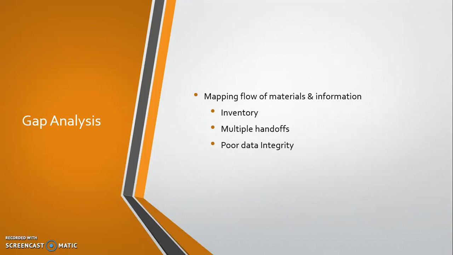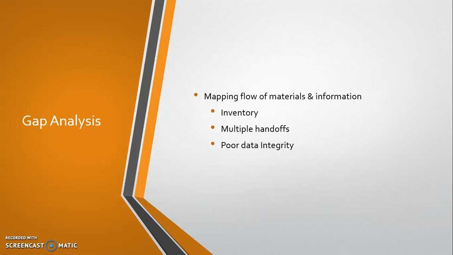Gap analysis. The administrators identified improvement opportunities by mapping the flow of materials and information. They identified some gaps. One gap was inventory, where it was determined that the hospital was stocking every department, leading to the hospital carrying too much inventory.